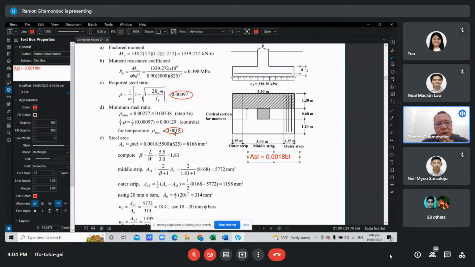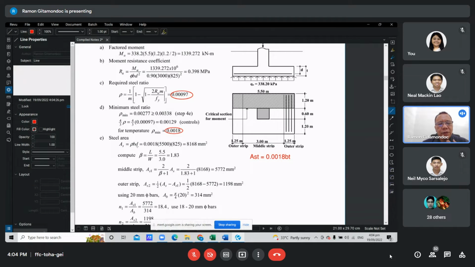I think this one will really govern, 0.0018 compared to this, so we should use this value. A slight correction here: instead of d, that should be t, because when we compute temperature reinforcement, it should be multiplied by the thickness rather than the effective depth.